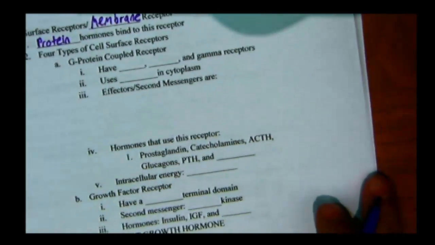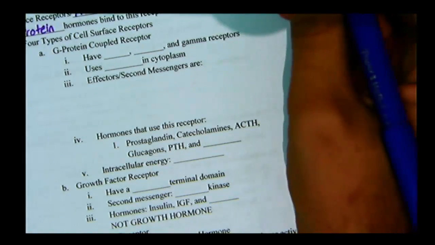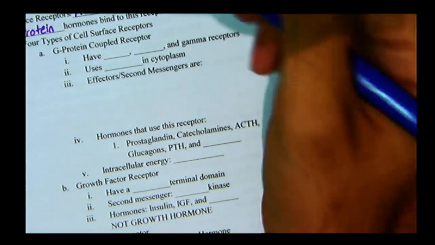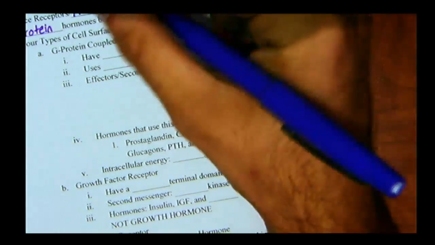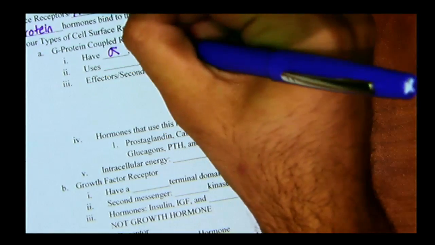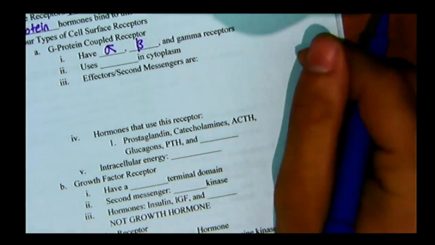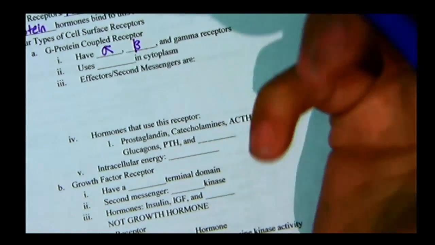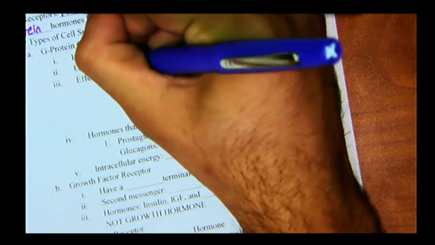One type is G protein coupled receptor. It has which subunits? Alpha, beta, and gamma. And it uses what in the cytoplasm? Carboxyl terminal.